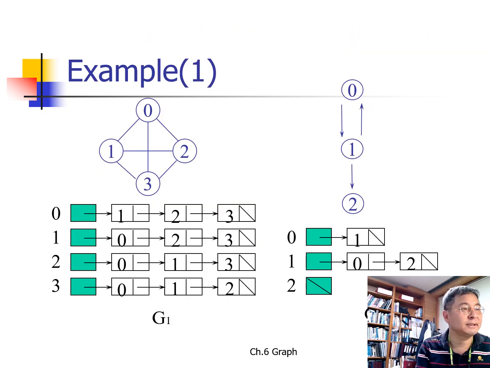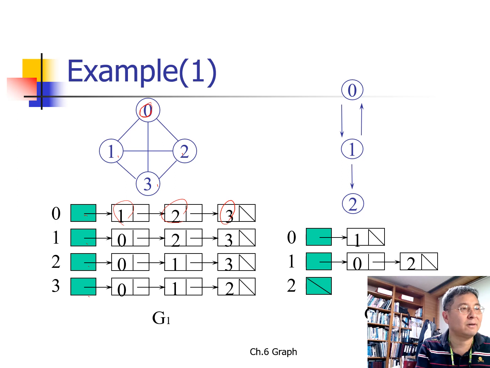Okay, and this is an example of an adjacency linked list. So for every vertex 0, 1, 2, 3, they have a linked list to point to the adjacent vertices. So for vertex 0, vertices 1, 2, 3 are adjacent. So we have 3 linked nodes from 0: 1, 2, 3.